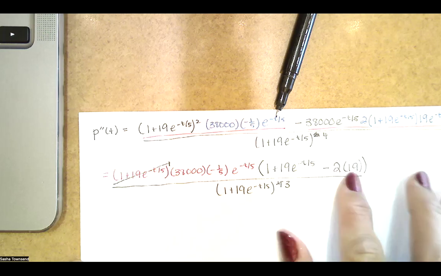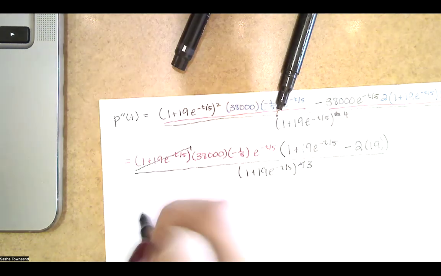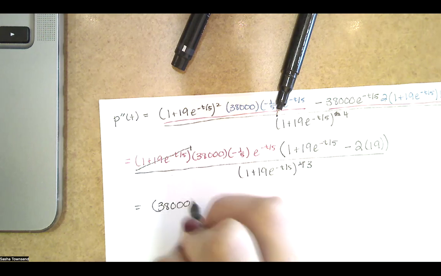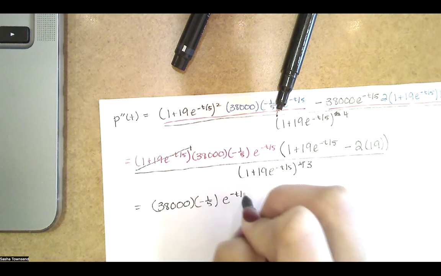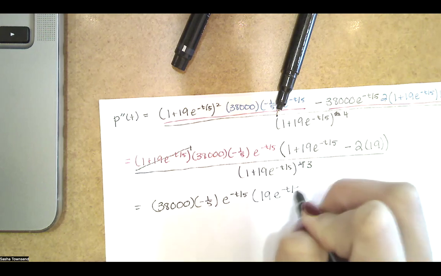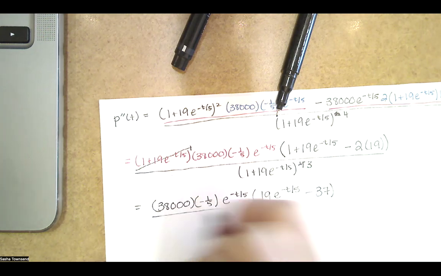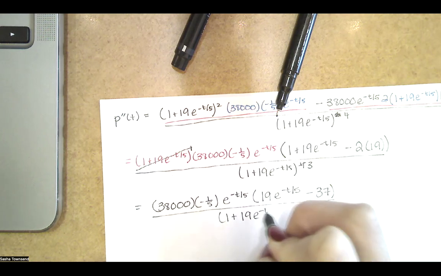So I have 1 minus 38, which is negative 37. So we're going to have 38,000 times negative 1/5 times the exponential, and then we have 19 e to the negative t divided by 5 minus 37, all divided by this exponential expression cubed.